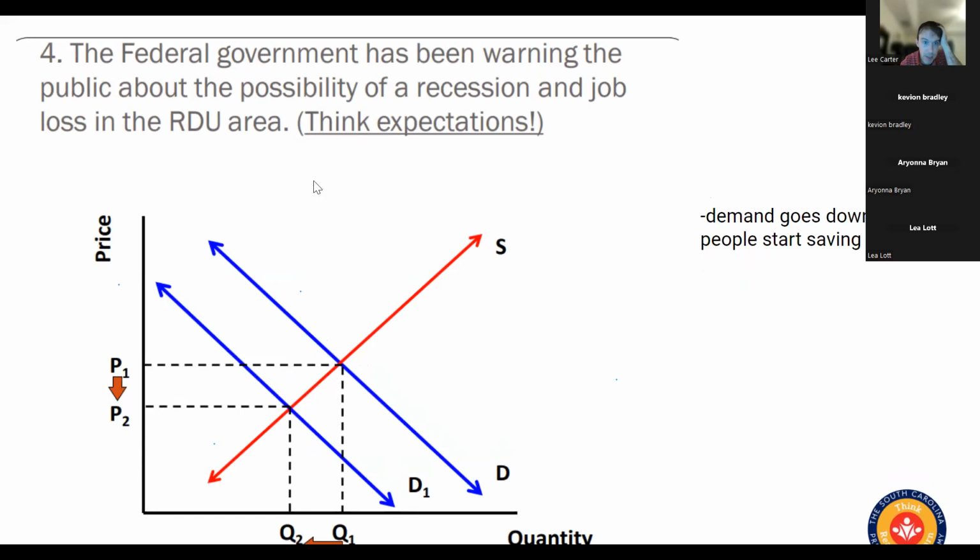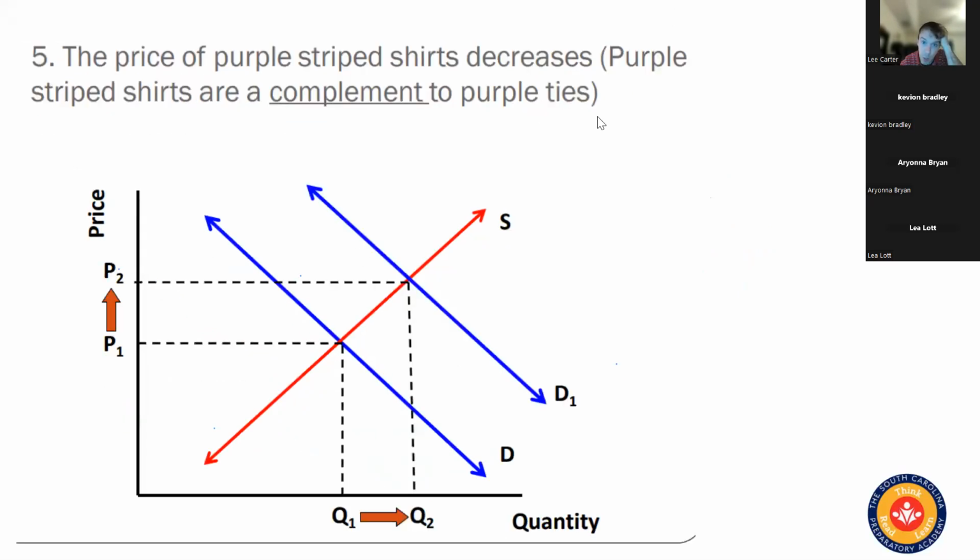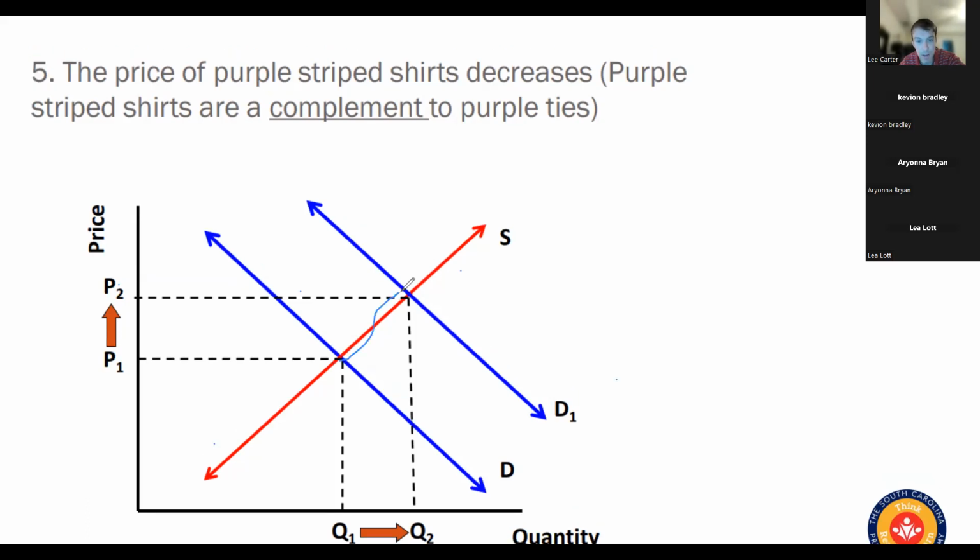All right. The price of purple striped shirts decreases. The idea being that this shirt and the tie go together, right? So if you can get the shirt cheaper, then maybe you're going to want to buy the tie too. So the demand for the tie goes up because some other complementary good that goes with it gets cheaper.